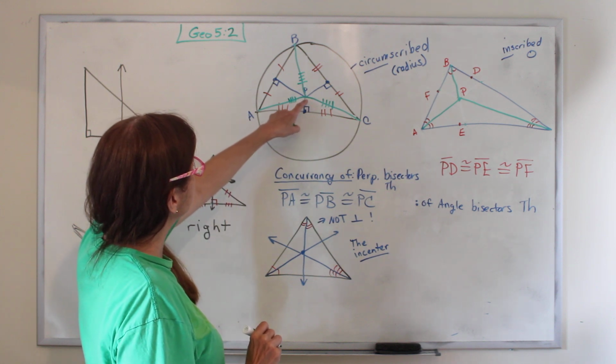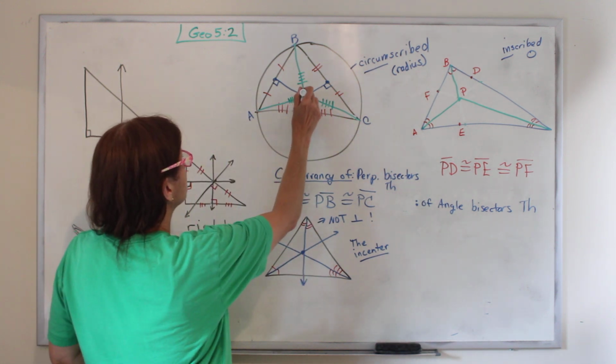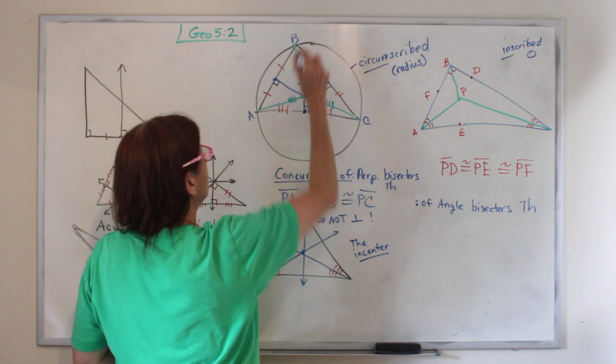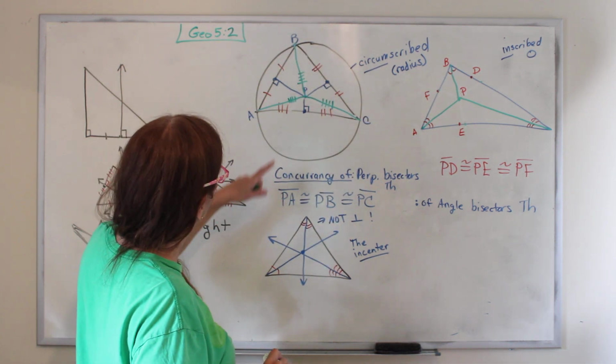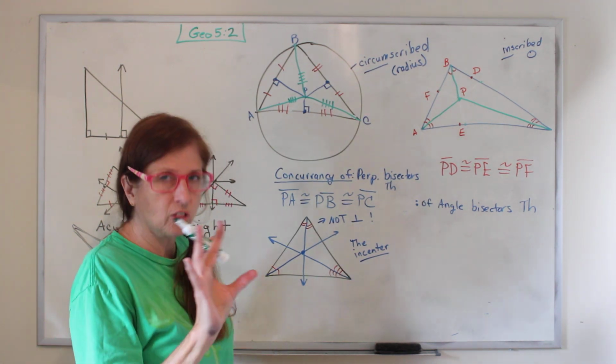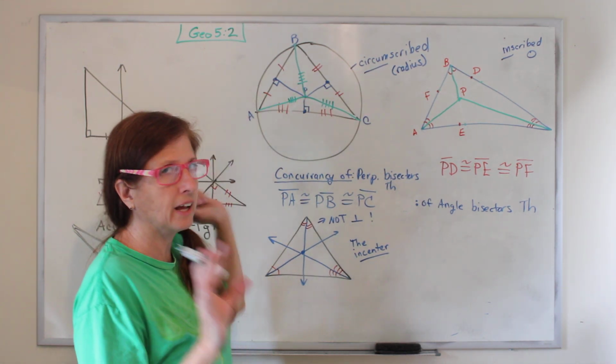And this is the center of this circle that we could put around this. And mine doesn't look like it. You need to go look at the picture in the book, because that isn't really the circle.